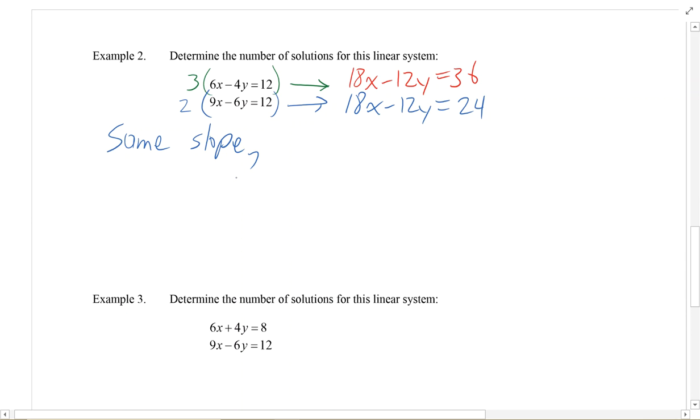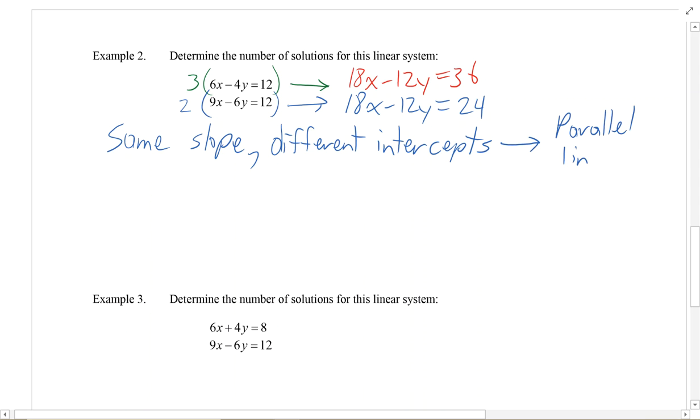What's different? Different intercepts. Correct. Same slope, different intercepts. So that means you have parallel lines. So you will have 0 solutions.